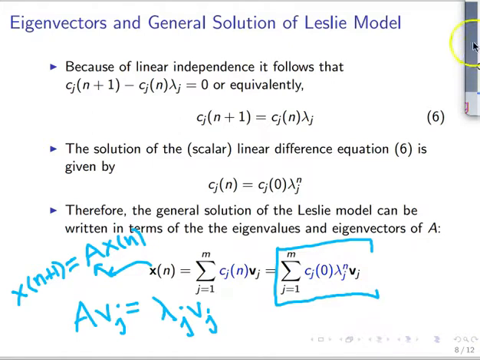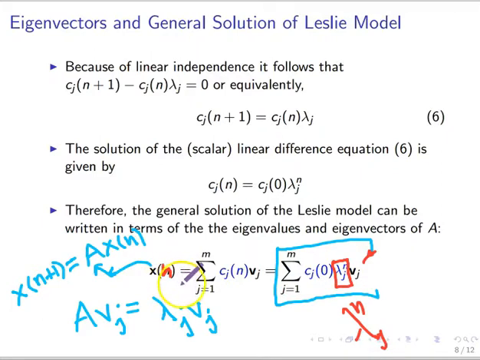This part here is extremely important. This is a lambda sub j to the n, and n is the time step.